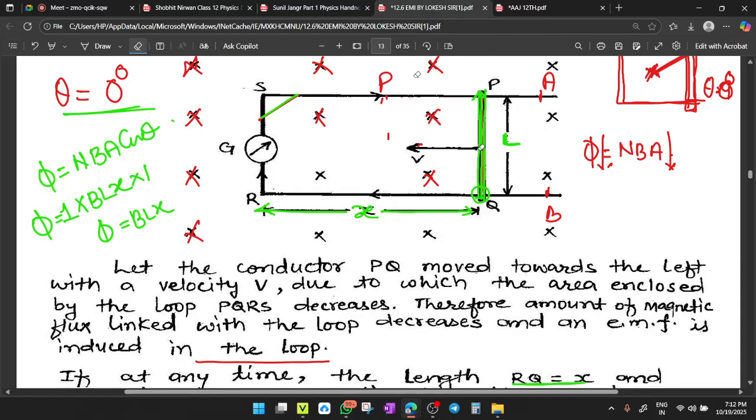Agree? So the direction of the induced current is downward. Clear or not clear? So the current will go anti-clockwise. No, no, sorry, it is clockwise. It is going downward, then here. That is clockwise, yes. If it is here, here it is 3, so 12 to 3 is clockwise, right? So the current will be clockwise.